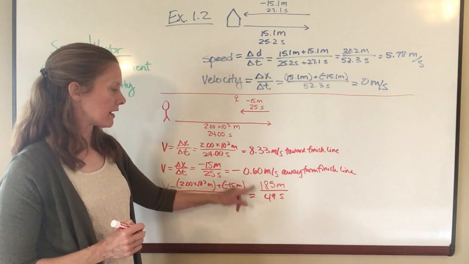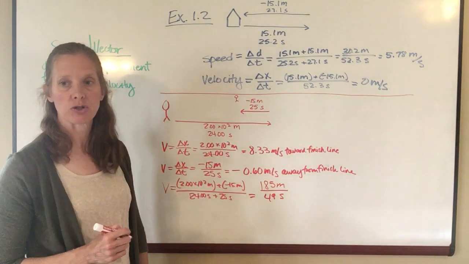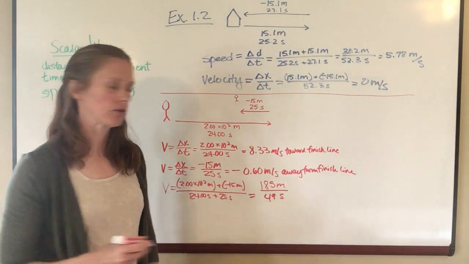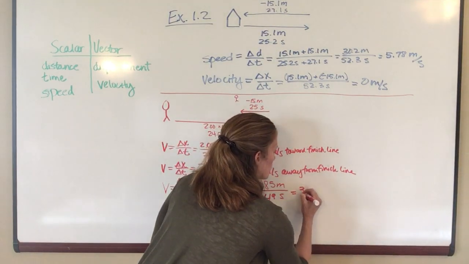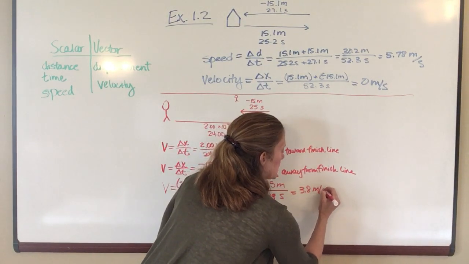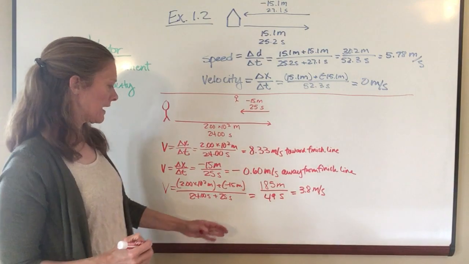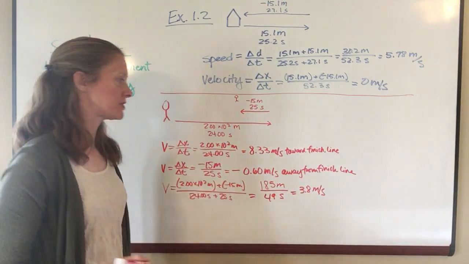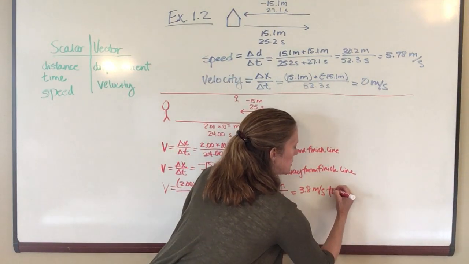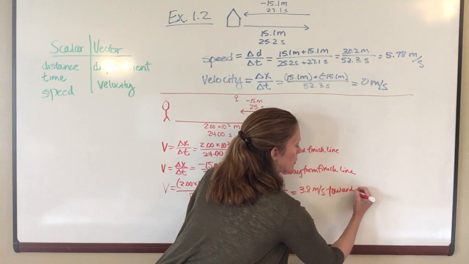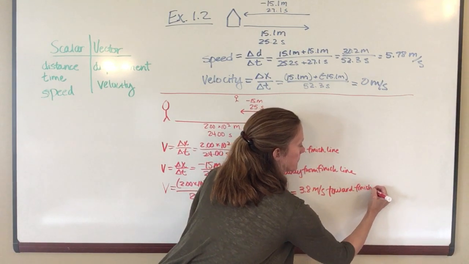Now when I divide, I've got 3 significant figures divided by 2, so I'll have 2 significant figures in my answer. So that will be 3.8 meters per second. And this did come out to be a positive number, so it's 3.8 meters per second toward the finish line.